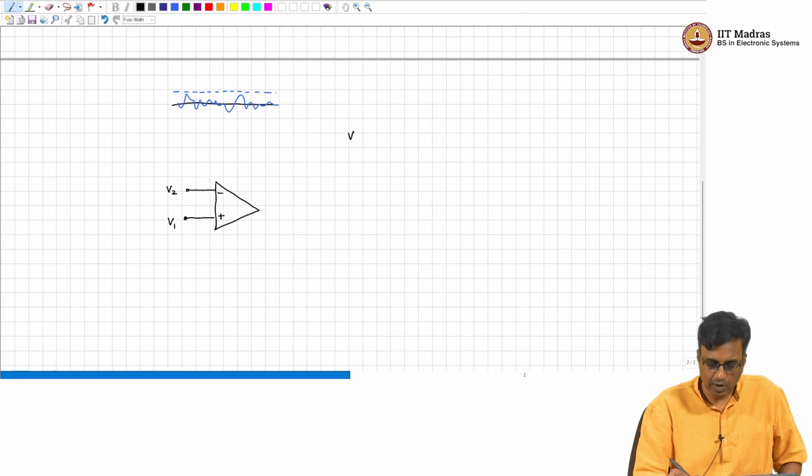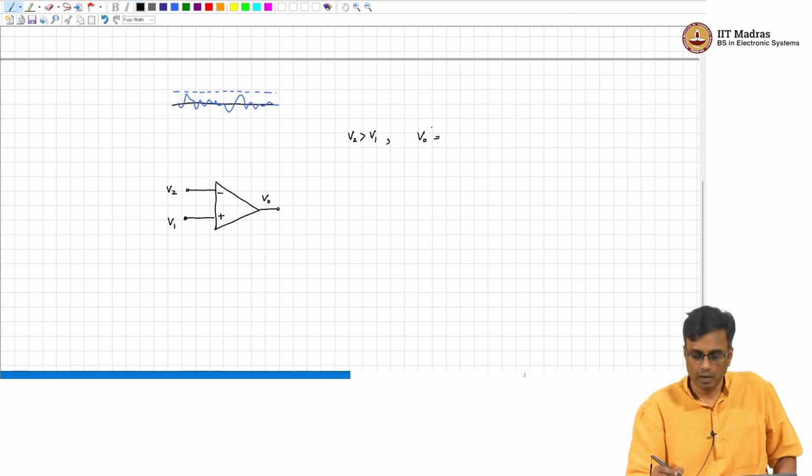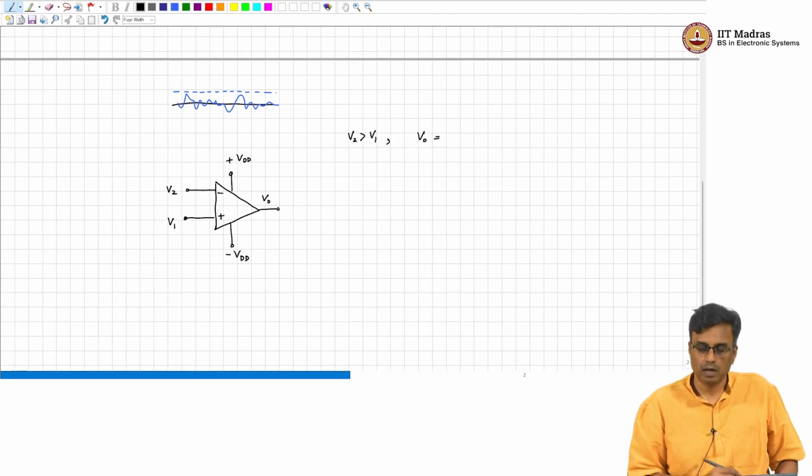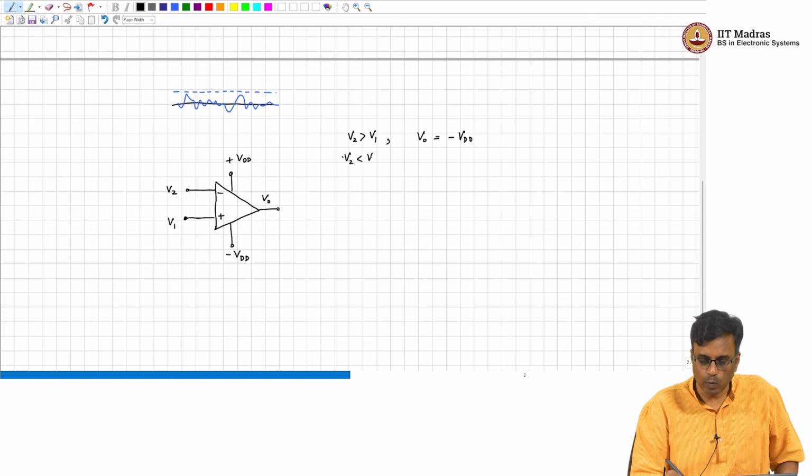So, V2 greater than V1, what happens to VO is, let us call this plus VDD, and this is minus VDD. VO is minus VDD, okay. And if V2 is less than V1, VO is plus VDD.